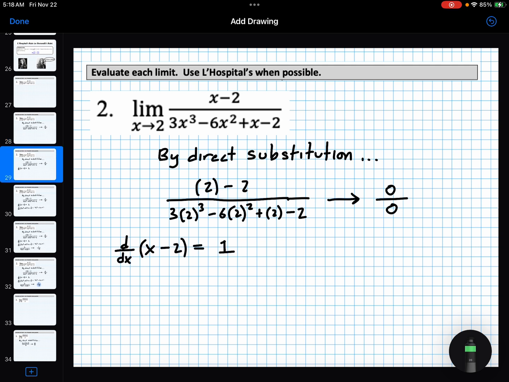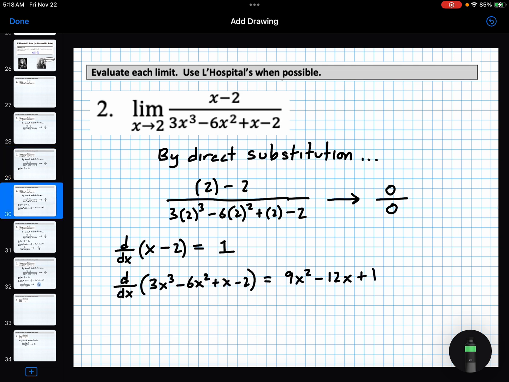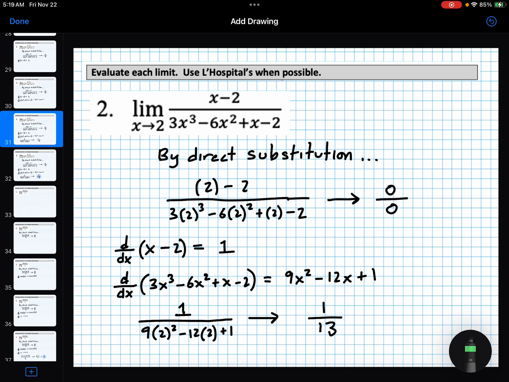Take the derivative of the numerator, which would just be 1, the derivative of the denominator, which would be 9x squared minus 12x plus 1, and we write a new fraction with the derivative of the numerator over the derivative of the denominator, and substitute the x value that we're approaching, right? That's x equals 2, and we wind up with 1 over 13. So you actually go from an indeterminate answer to a specific value.